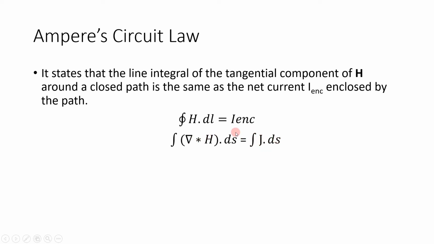So both left and right are in surface integral form, and you can equate as del cross H is equal to J. Okay, so first Ampere's circuit law states that line integral of H dot dl is equal to I enclosed. On applying Stokes theorem, you will get del cross H or curl H is equal to J. Here H is magnetic field intensity and J will be current density.